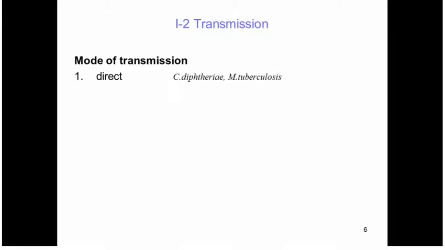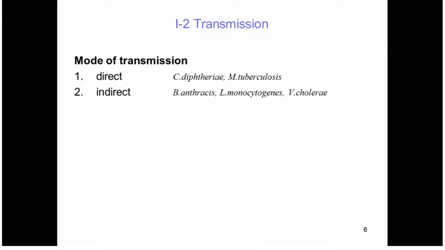Just for basics again, just as with viral infections, all pathogenic bacteria need an entry route into the host. Transmission can be direct or indirect. So direct transmission: one infected person has direct contact with the next person who's going to be infected. Transmission can be indirect.